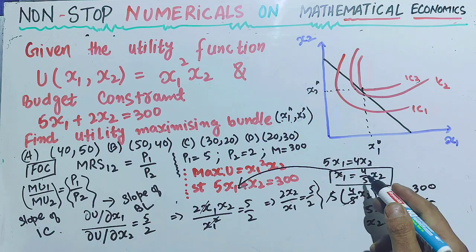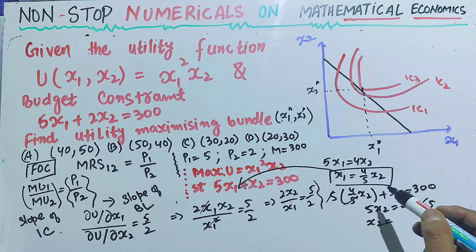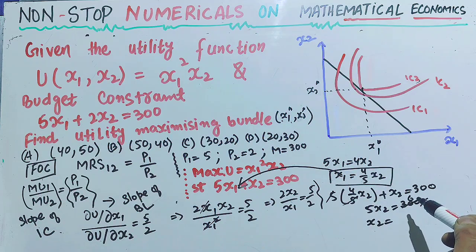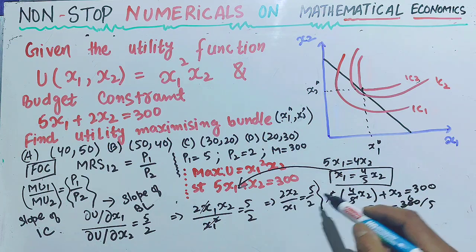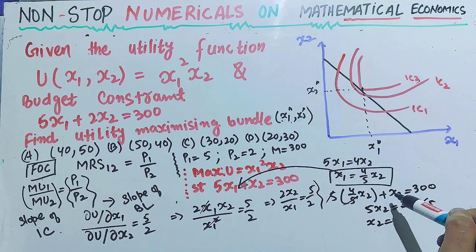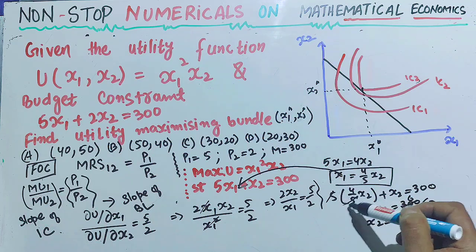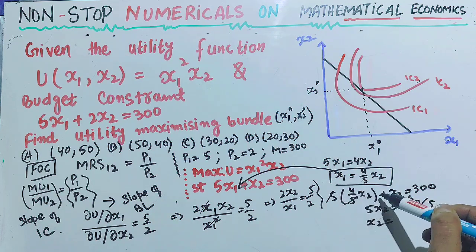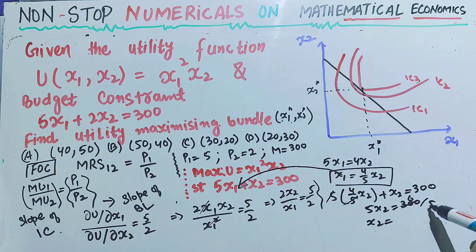Let me see if I have done it correctly or not. The 5 gets cancelled, so we have 4x2 plus 2x2.